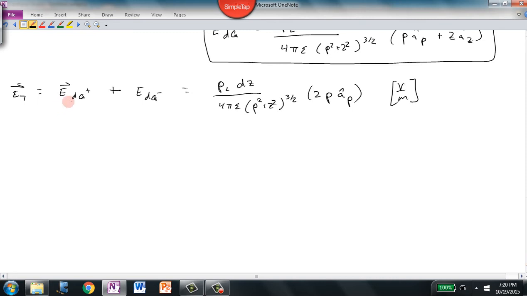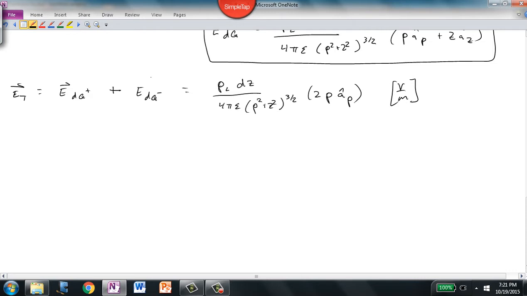Okay, so in the previous video we said that what we need to do is integrate the combination of the positive differential charge element and the negative differential charge element along the z-axis.